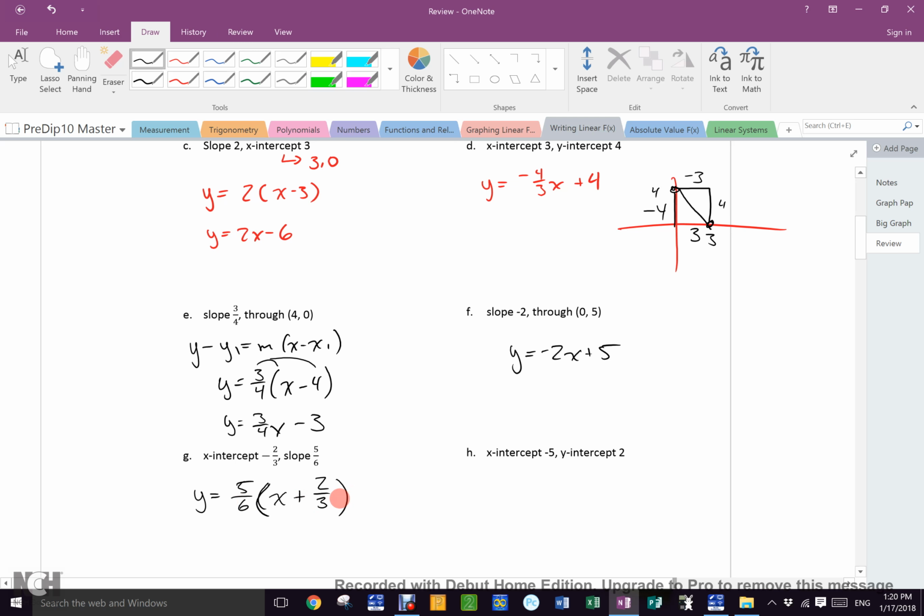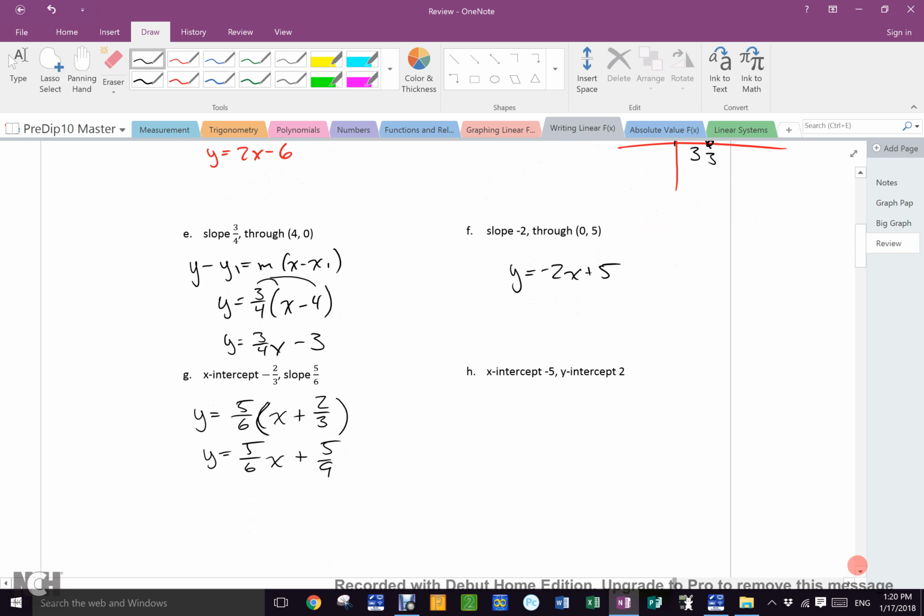That's point slope form. You could have had y equals 5/6 x plus 5/9. And you could also have had that in general form, which would have been a big yucky number.